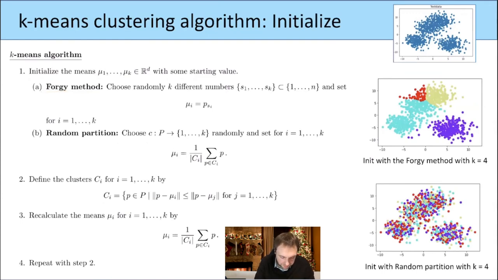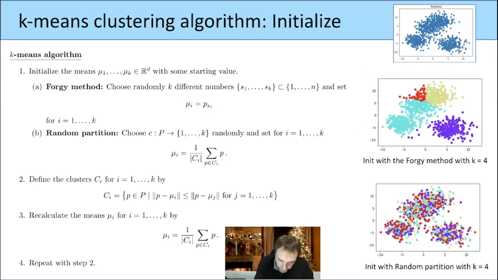And the idea here is to choose these means to be one of these data points. So what we do is we choose, of these, in this case, 200 points, we just choose 4 points randomly and then say these are our starting means. This is one way.